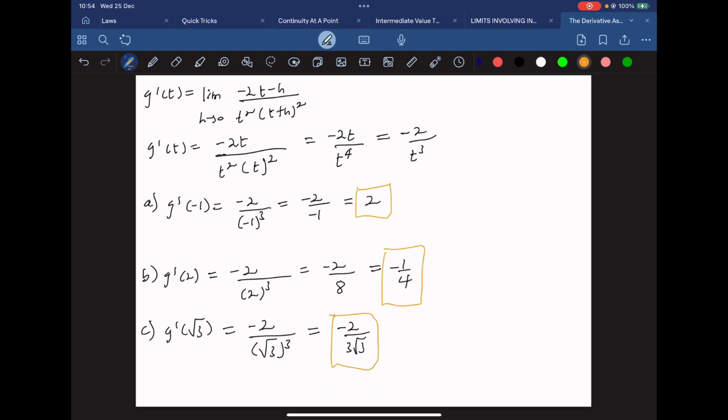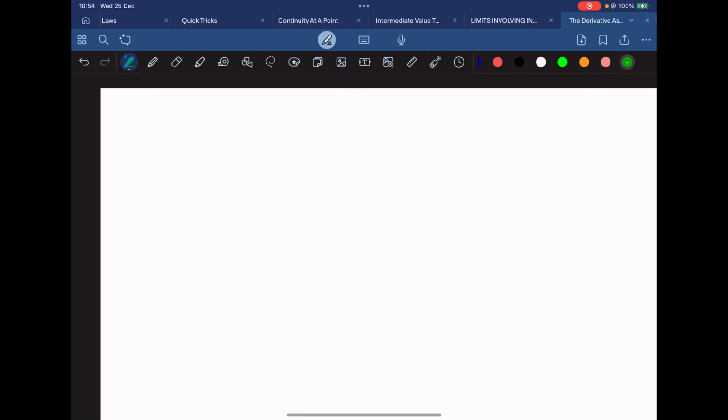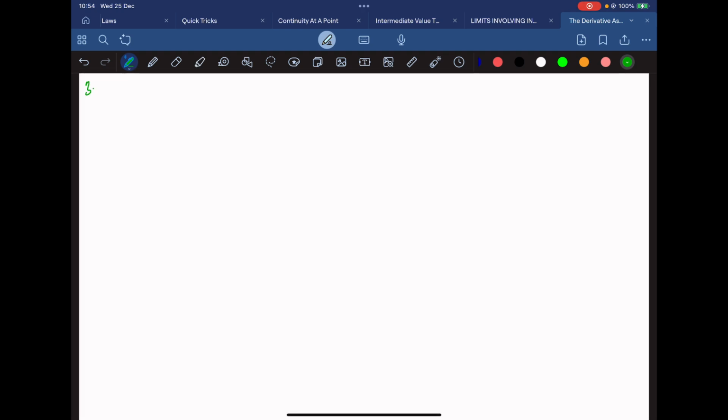Now let's look at some challenging questions. We have to find the derivative and then find the equation of the tangent line at the indicated point.